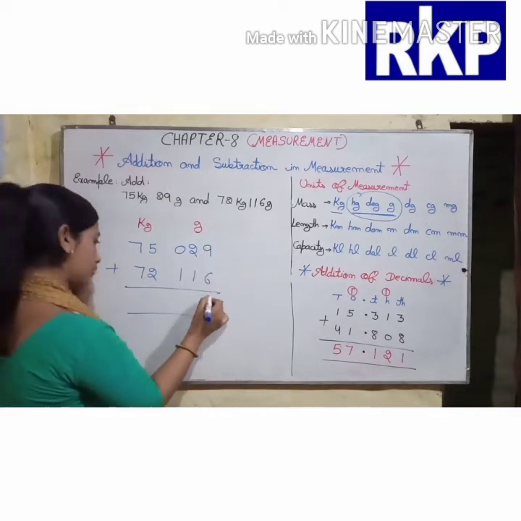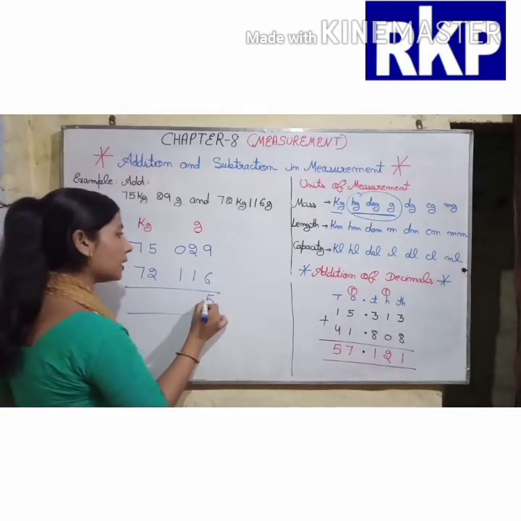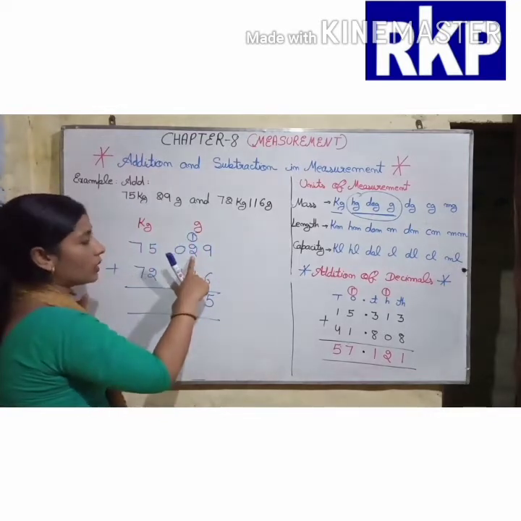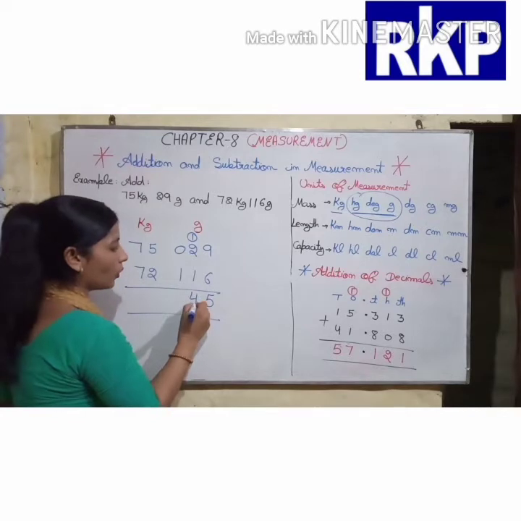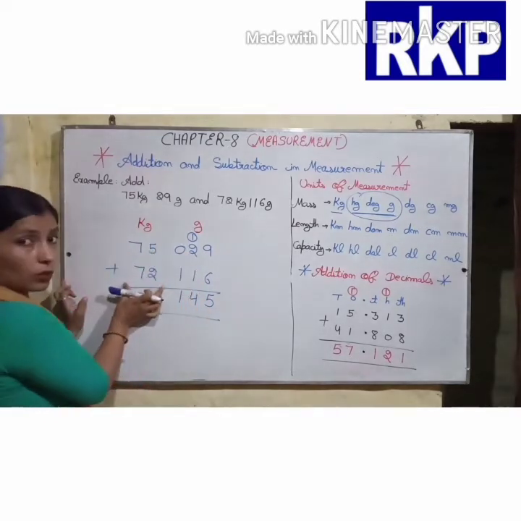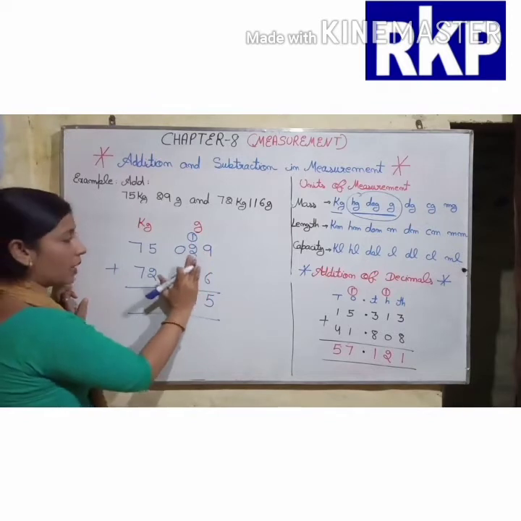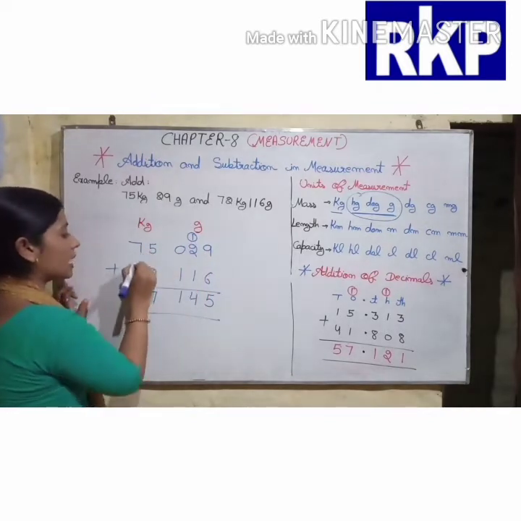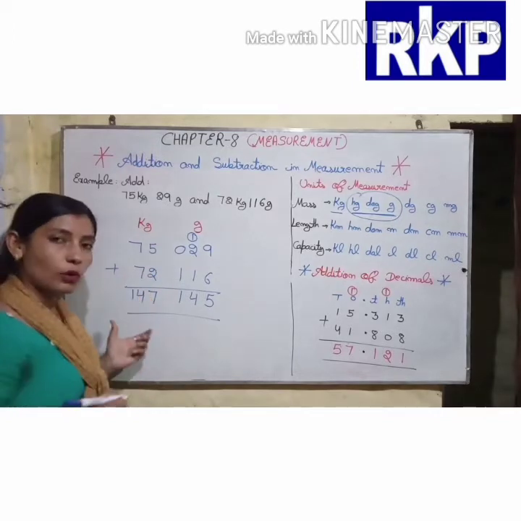9 and 6 will give us 15. 1 will be carry. 1 and 2, 3. 3 and 1, 4. Here only 1. Now we have to add this column. After this we have to add this. 5 and 2, 7. 7 and 7, 14.